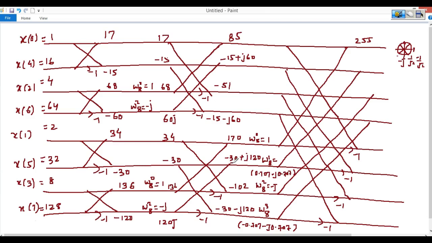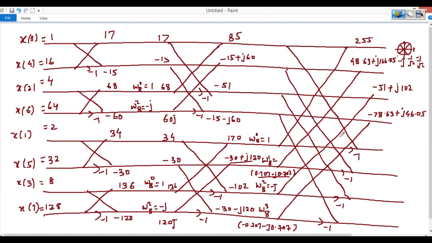If we multiply these two terms and add with this one, we will get 48.63 plus j into 66.05. Similarly, this one, minus 15 minus, and minus becomes plus 102j, so it becomes minus 51 plus j into 102. Here minus 30 minus j 120 into this one plus minus 15 minus j into 60. If we multiply it, we will get minus 78.63 plus j into 46.05.